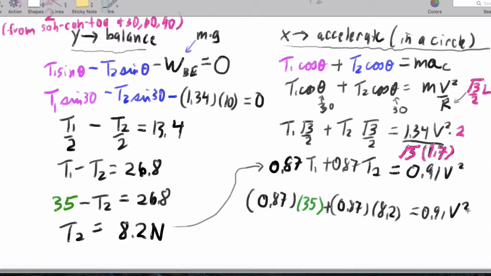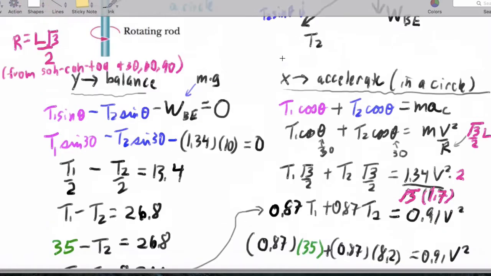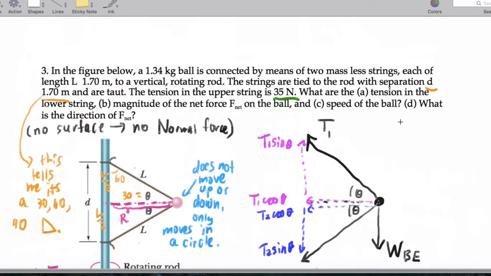Very nice. So I can go ahead and do a little bit of math here. And when I get this speed, I end up getting a speed of 6.43 meters per second. So have I solved for everything? Let's see.